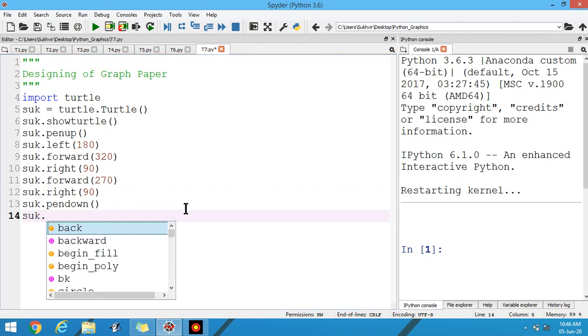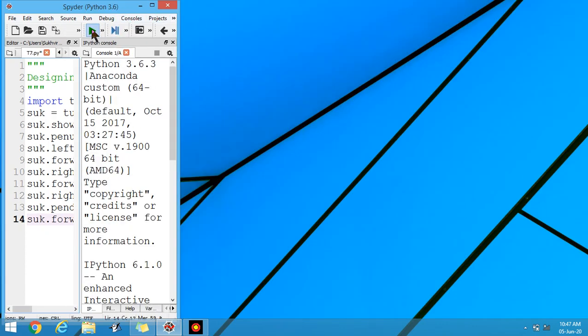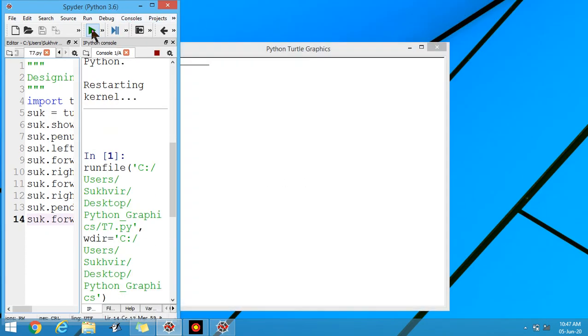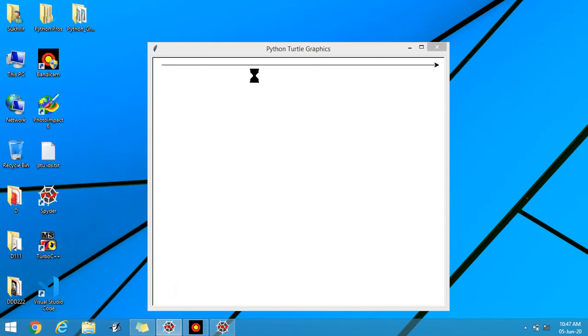Suppose the line length is forward, let us say 640, because if on one side the length is 320, then 640 is the full length. Let us try to execute the program. Yes, the line is there.